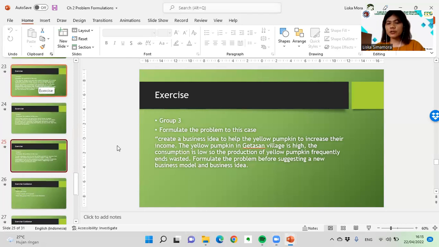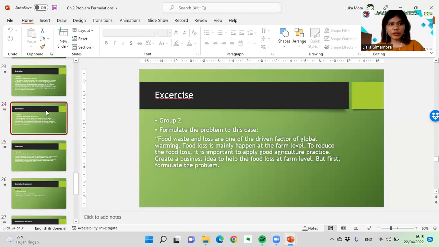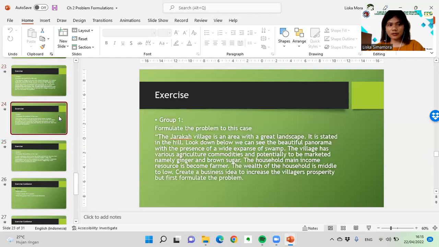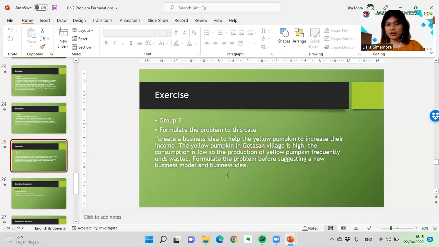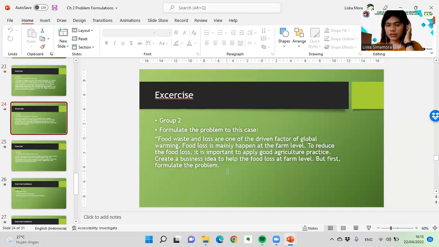So you have discussed with your team, group 1, group 2, and group 3. For example, some team groups choose the second problem, and you will discuss it again, and you have to formulate the solution.